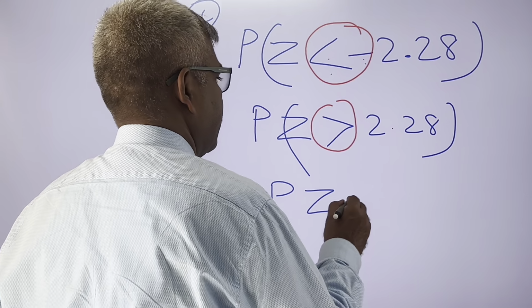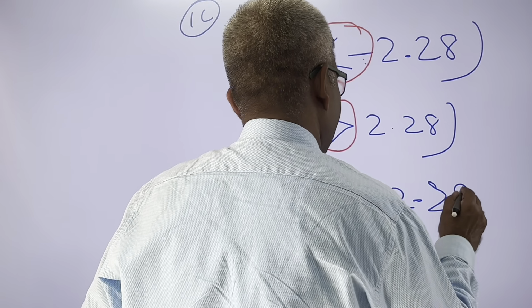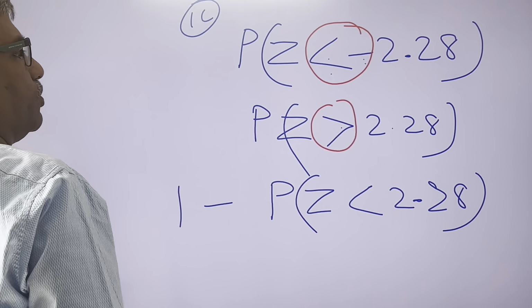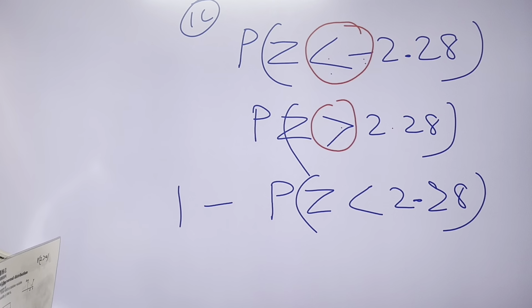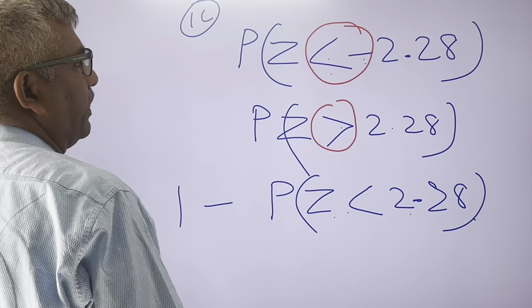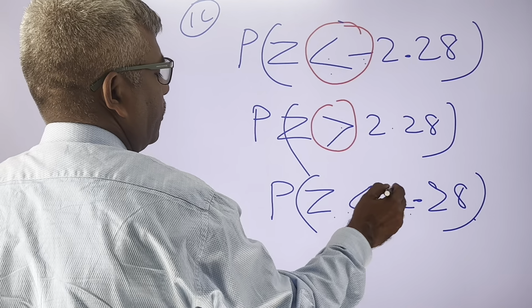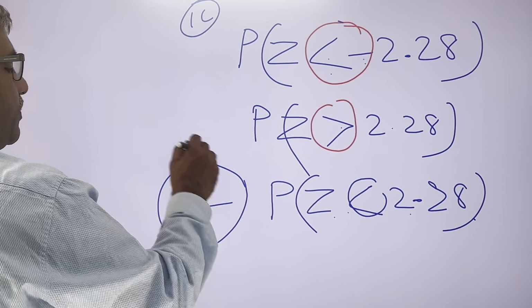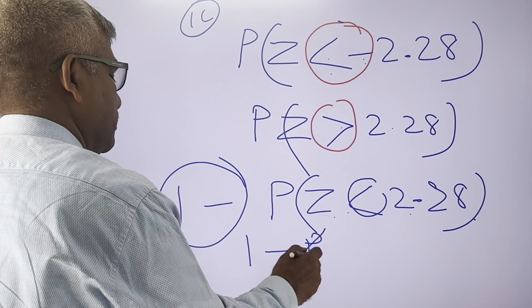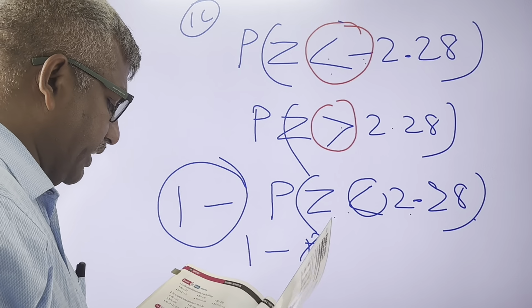We already see this is the one. Greater than 2.28 is nothing but 1 minus probability of Z is less than 2.28. So like this thing, you can make it this sign with this one. 1 minus, okay, 2.28, take it out.